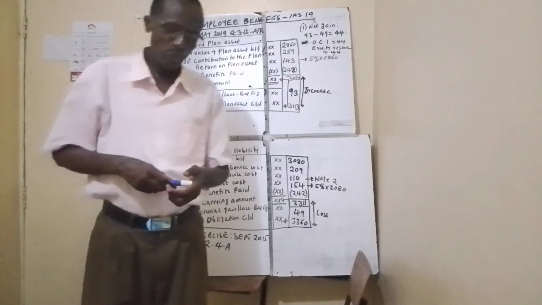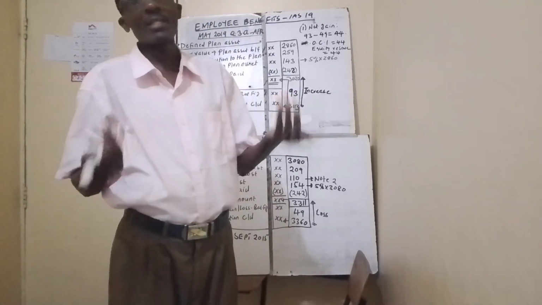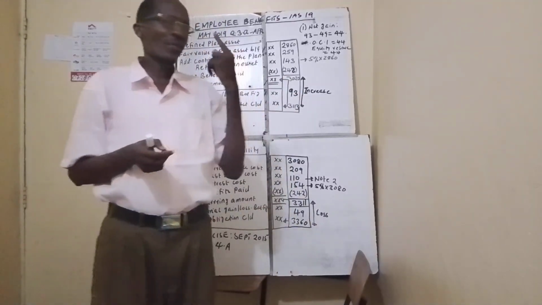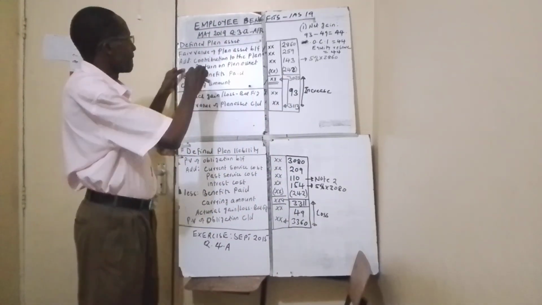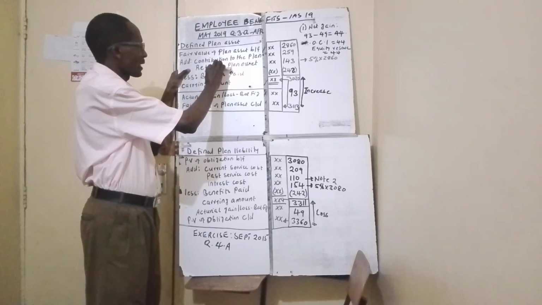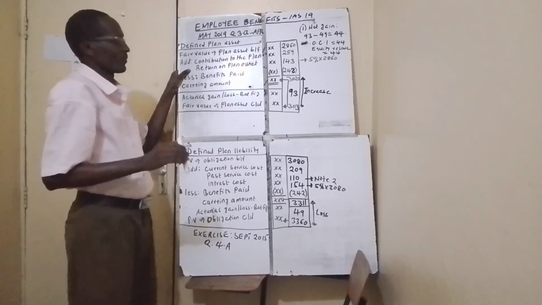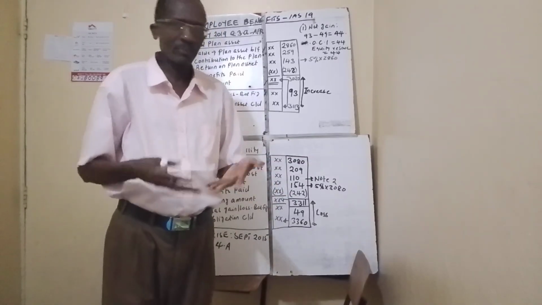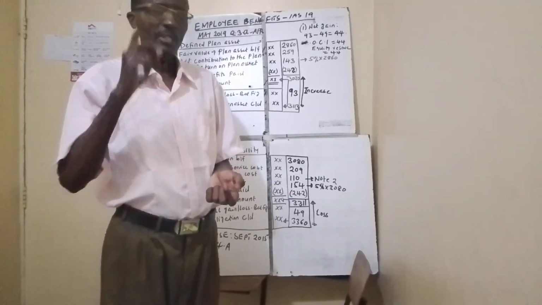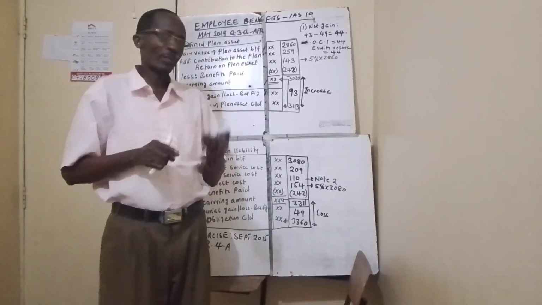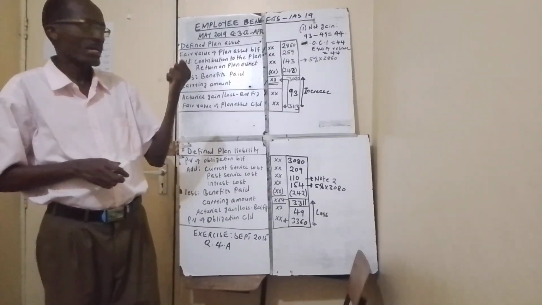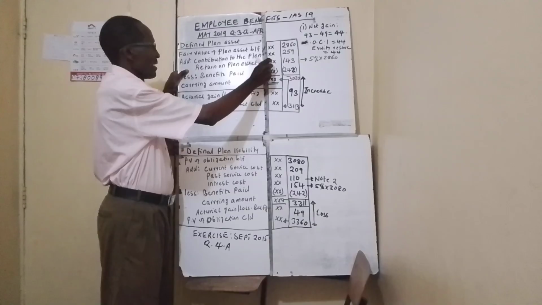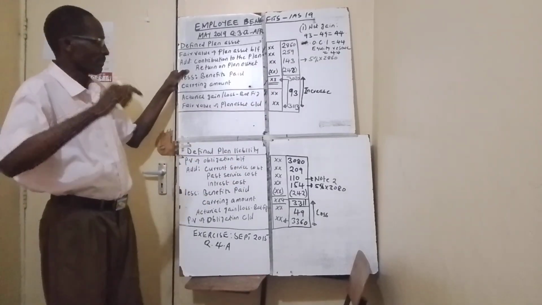In all these questions, you'll be given a certain rate of return, maybe 3%, 8%, or 10%. So that rate of return, you just multiply by the opening balance. That's an important point. Anytime you are given a rate of return in the additional information, just take that rate of return and multiply by opening balance to get the return on plan asset. That figure should be entered.